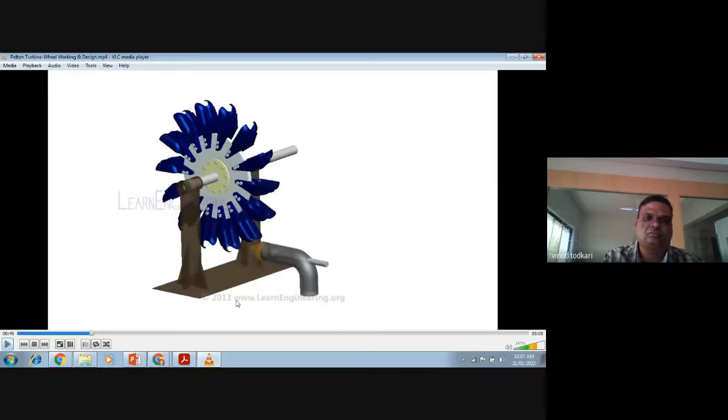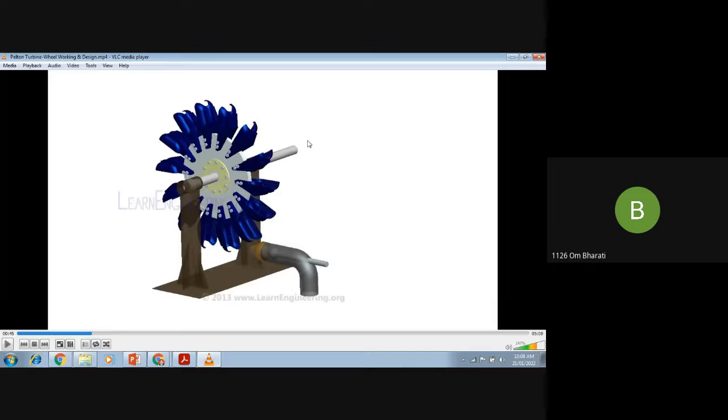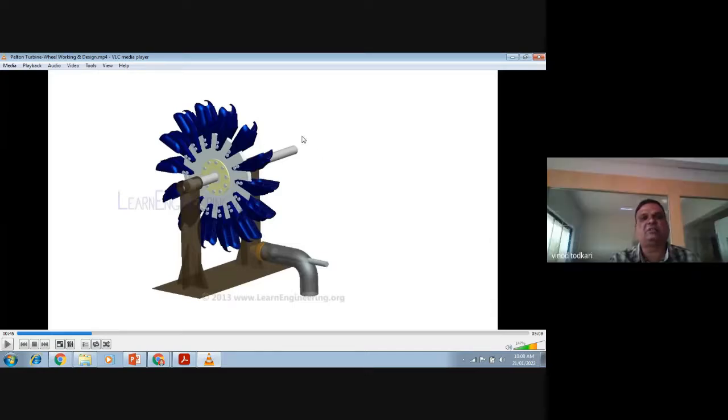Now see, when the water jet strikes this bucket, it will rotate, and this assembly is mounted on this shaft. So your shaft will rotate, and this shaft is connected to the generator. So what will that generator do? Yes, mechanical to electrical energy.